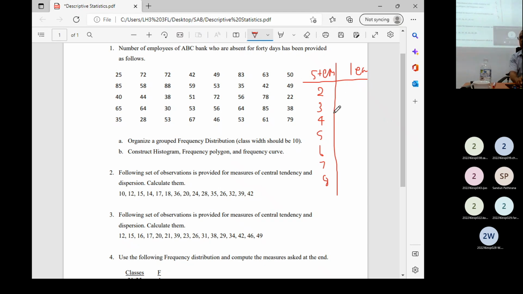Then we write like this, 2 to 8: 2, 3, 4, 5, 6, 7, 8. So the maximum is 8.